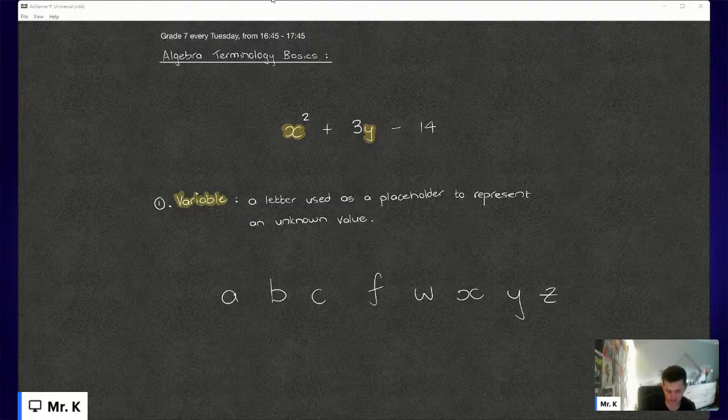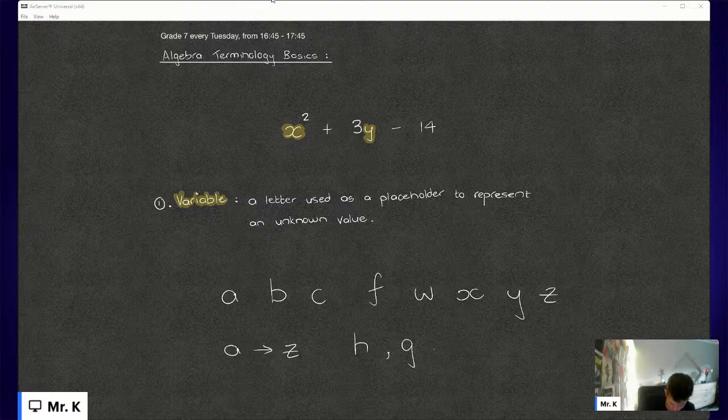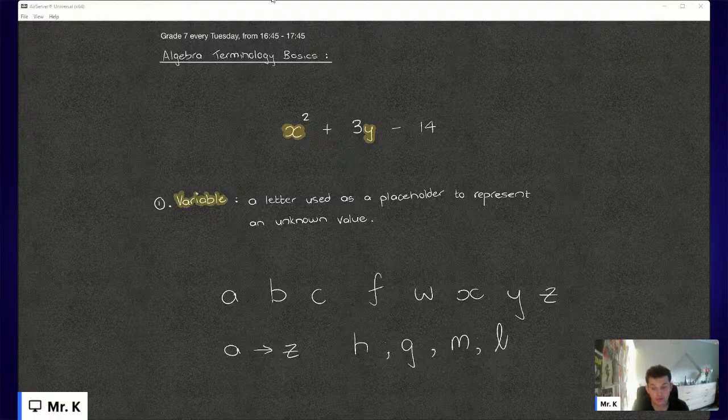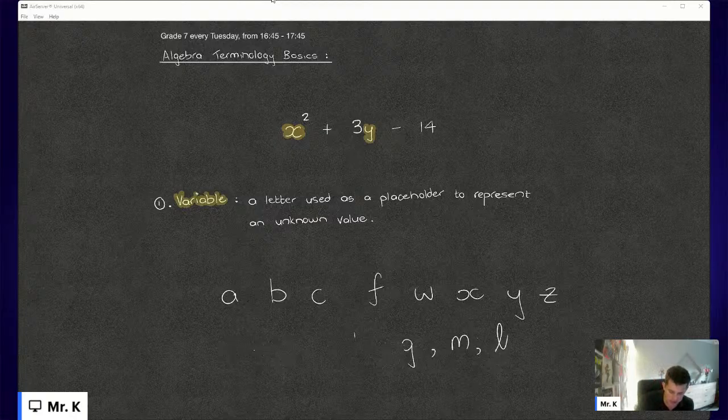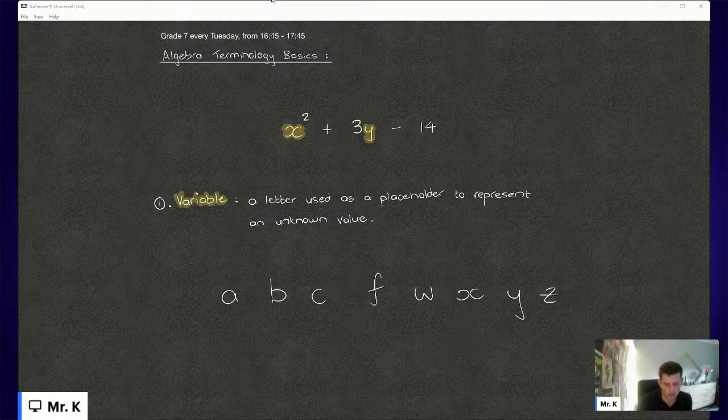So keep in mind that there are a few letters, grade sevens, that we use very often, but we can use any letter between A and Z. If we want to use H or G or even M, the L, all of these letters can be used as variables, but we usually stick to the ones that I've written in the list over here at the top.